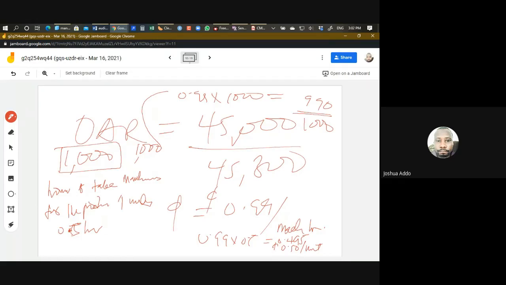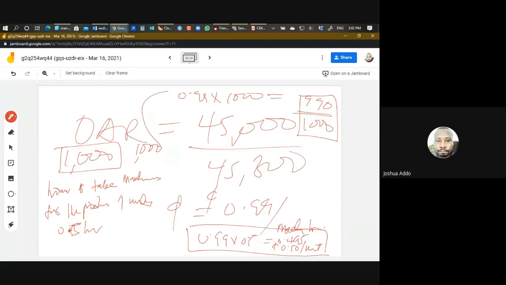You can go about it through this indirect way, and if your calculations are right, it will converge with the direct way. It is just like a class: you are charged 99 cedis per hour, and let's say we are using 100 hours. 99 times 100 gives the total class charge.